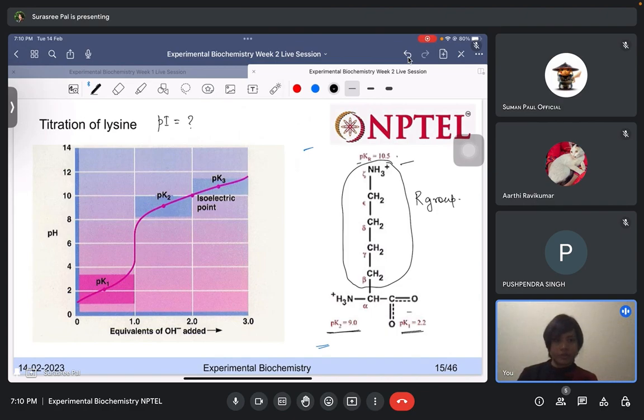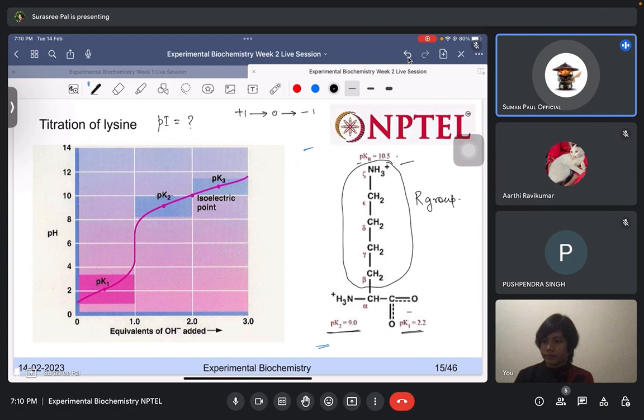You have been given the structure of lysine, and you are also given the pK values. So now what you have to consider is when the lysine is changing from +1 to 0 to -1 charge. Okay, and can you tell me how you calculated it?